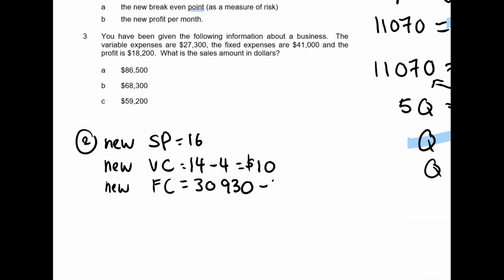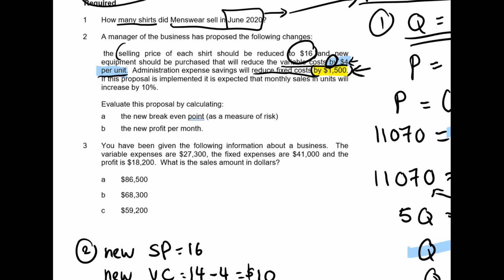So 30930 minus 1005 equals 29430. This is your new fixed cost.